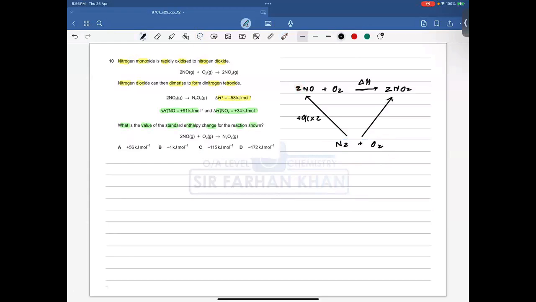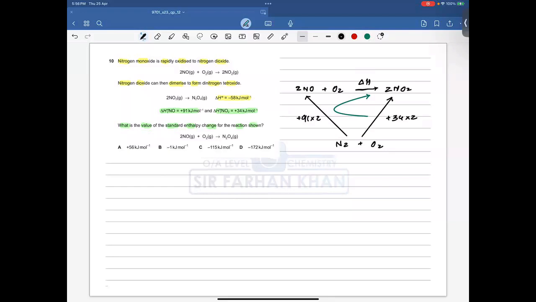The standard enthalpy change of formation of NO2 is already given, which is plus 34. So we need to multiply by 2 because we have 2 moles in the equation. What we can do is make a clockwise arrow in the cycle. This arrow and this arrow match the clockwise direction, which is why both these values are taken to be positive, and this value has to be the negative one.